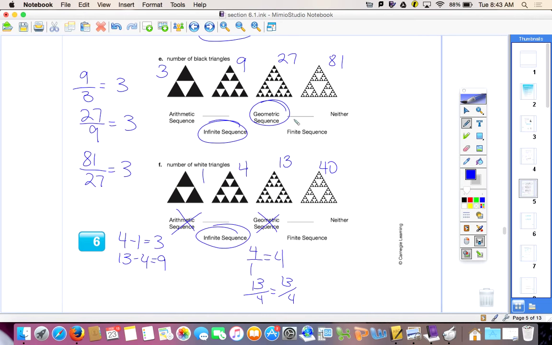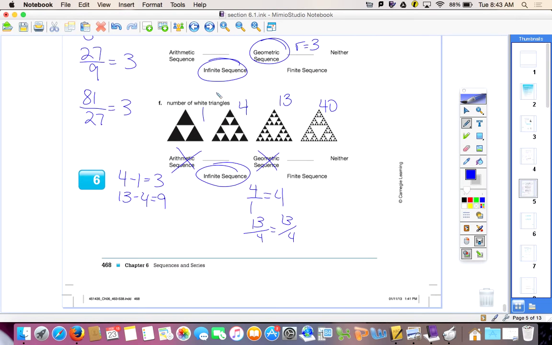So because I have a common ratio here, I have a geometric sequence, and my ratio is 3. Again, this could go on and on forever, and I would have some very tiny little white triangles, but black triangles, it could technically go on.